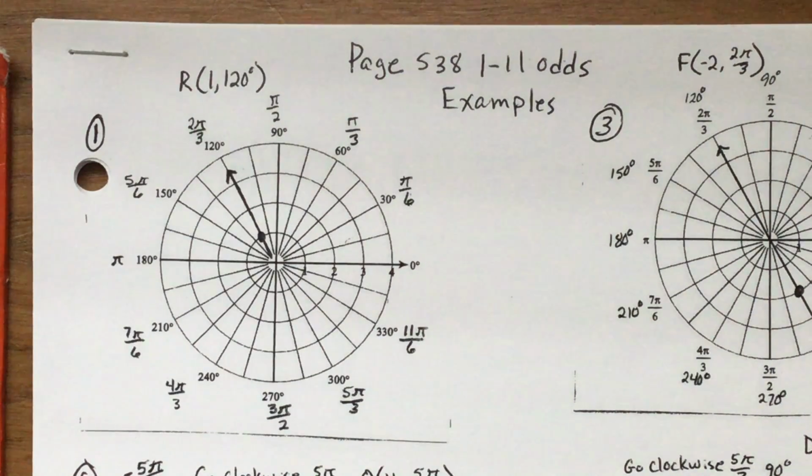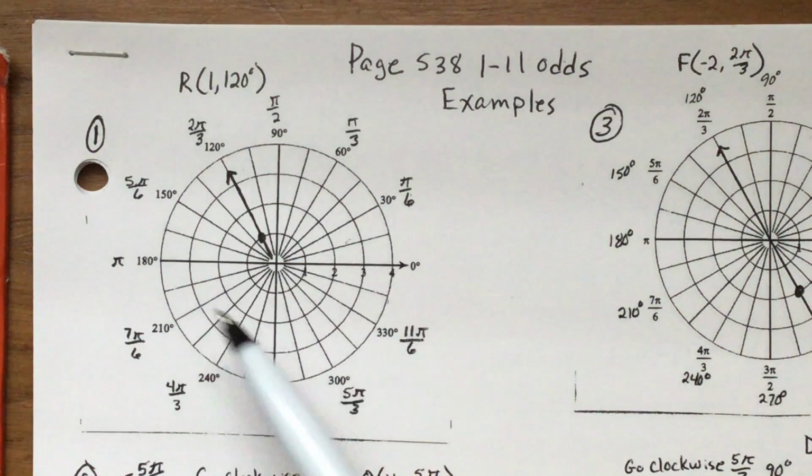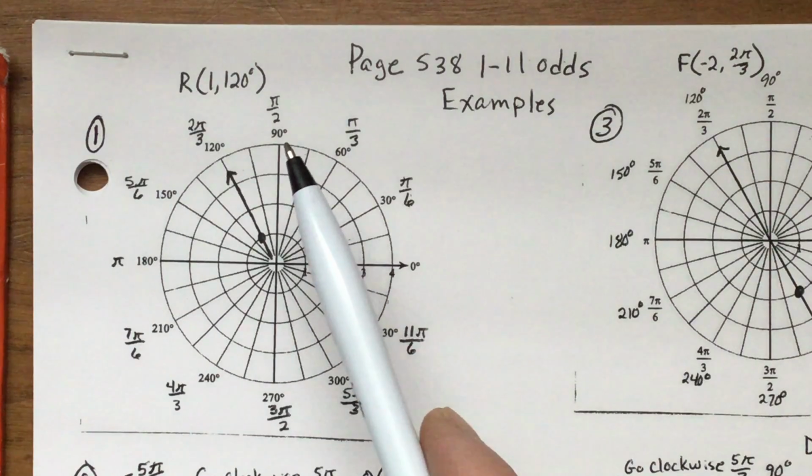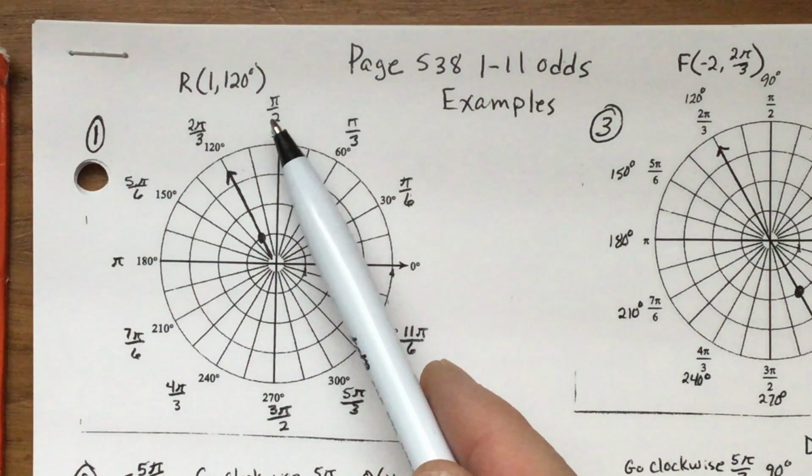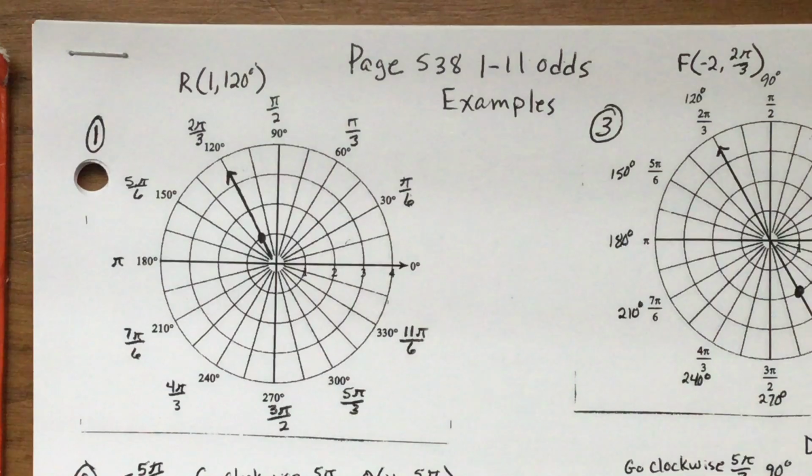Take a look at that for just a minute. What I've done is I've copied these, and I've included both the degree measure and the radian measure, so that it doesn't matter which one of these you use, you'll have everything you need on all of them.